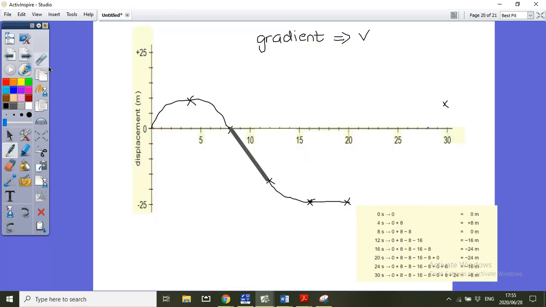And there's a dot missing there at 16. So that's the one I had earlier. So it's going to go to 16. And then we're going to go all the way to +8.